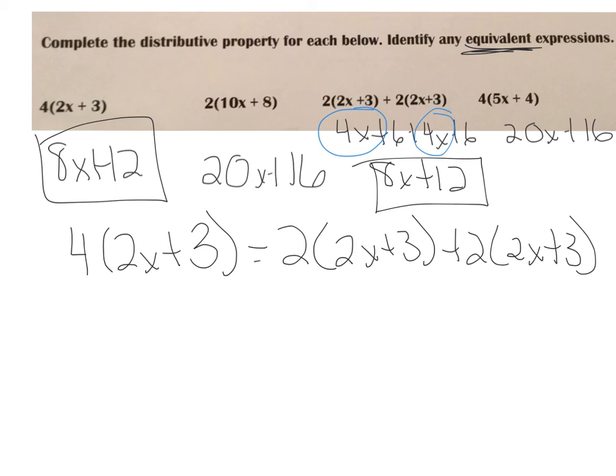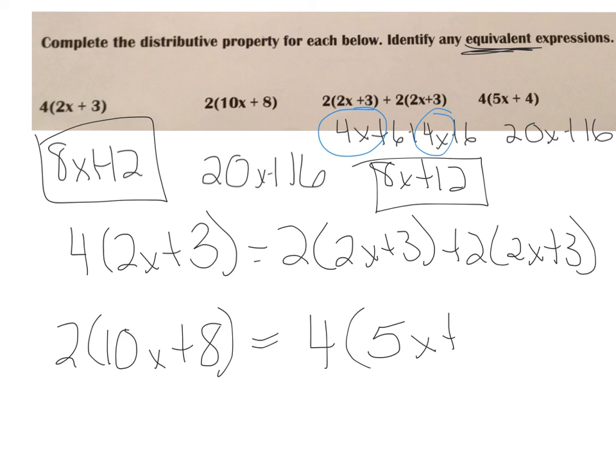But you could also say that 2 times the quantity 10x plus 8 is equivalent to 4 times the quantity of 5x plus 4, because they both gave us the same thing as well. So remember, to explain how you can determine if they're equivalent, you need to get down to simplest form and prove that they represent the same quantity.